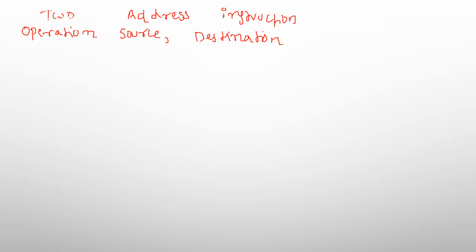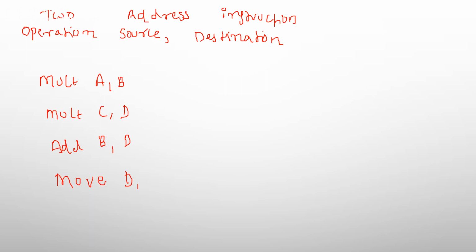The syntax is operation source comma destination. We can write the code like: mult a comma b, mult c comma d, add b comma d, and finally move d comma s.